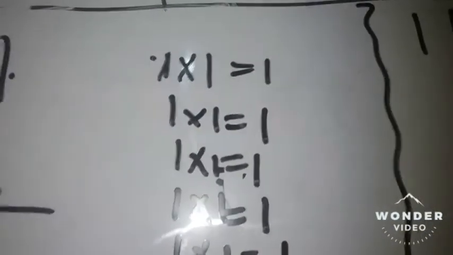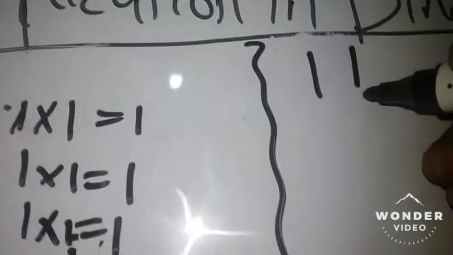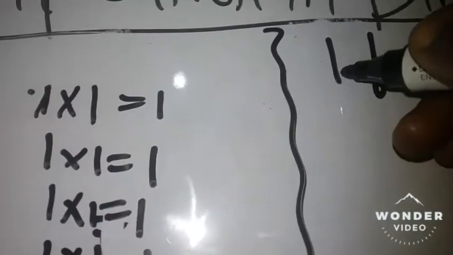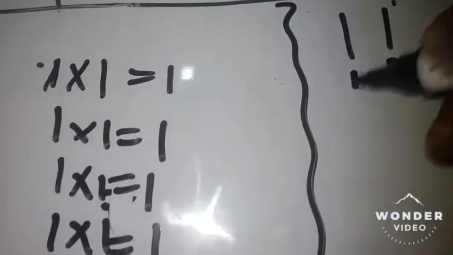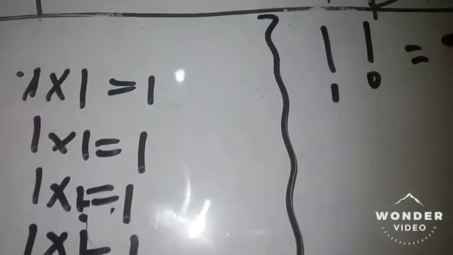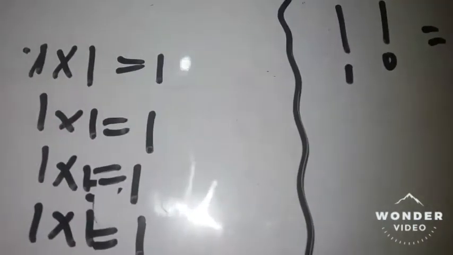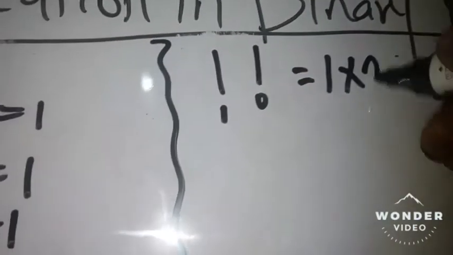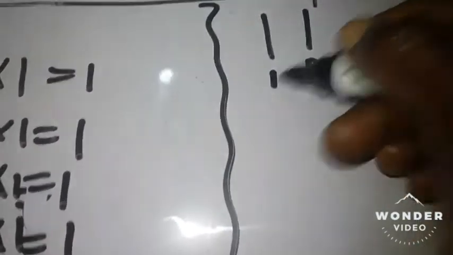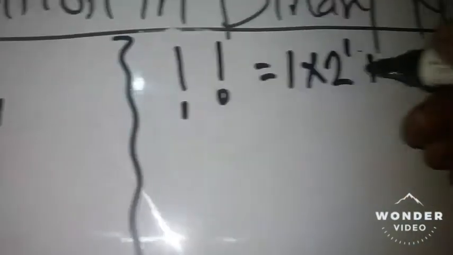So we have to convert this 11 too. The way I've told you, the last number here is a 0 position, and this position of this one is 1. So we want to convert it now. 1 times 2 raised to power 1 plus 1 times 2 raised to power 0.